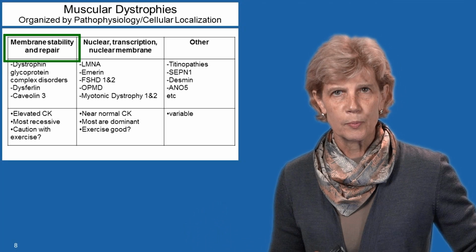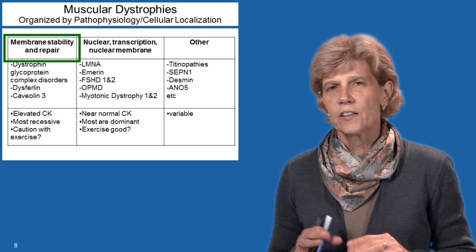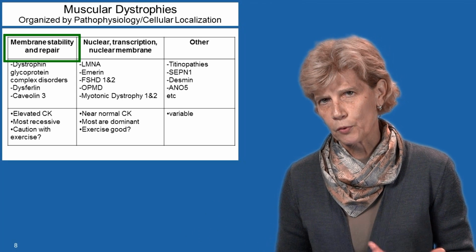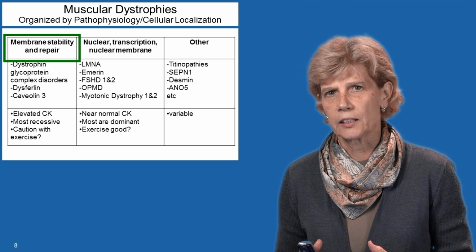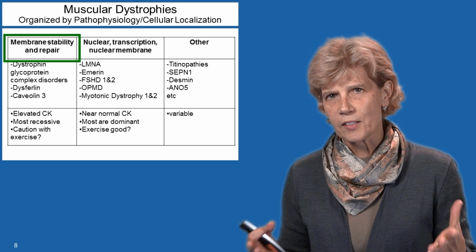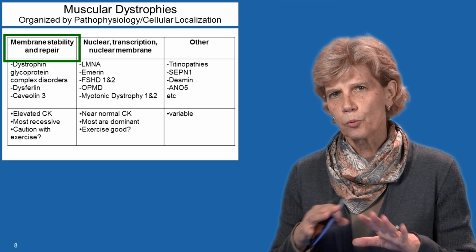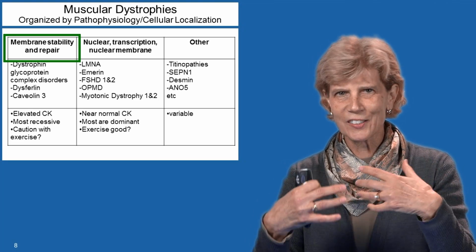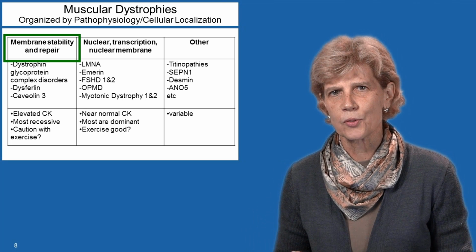Most of that membrane stability group are recessive, either X-linked or autosomal recessive, and there's at least some experimental evidence that maybe you can cause further muscle injury with certain kinds of exercise, so it may help our counseling in clinic. So when we take the three of these different classification systems together and we have a patient in clinic, we can start to, in our minds, tabulate the information that we're given from each of these and come up with a probable diagnosis.